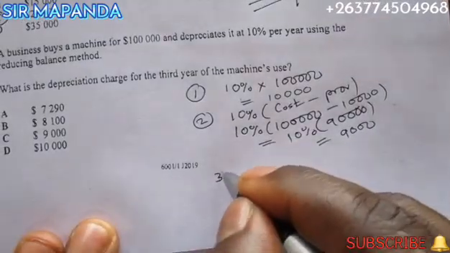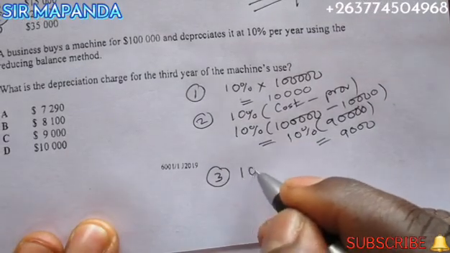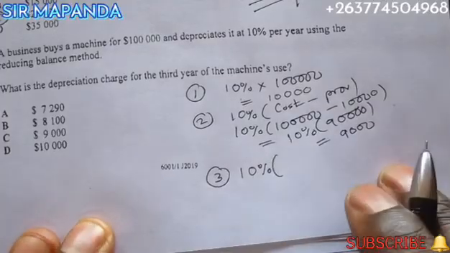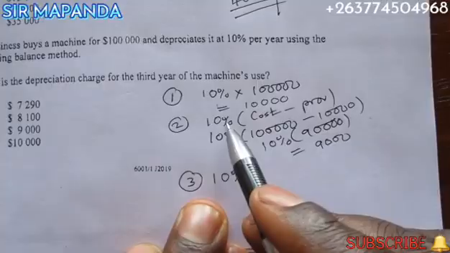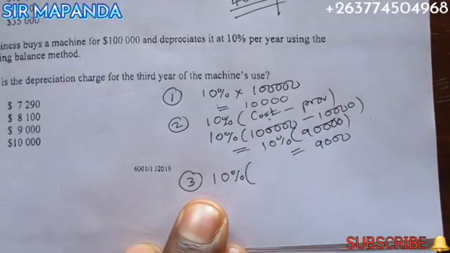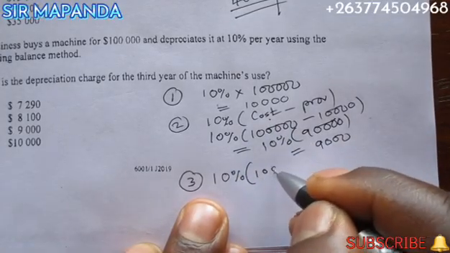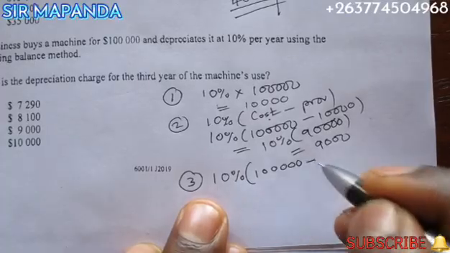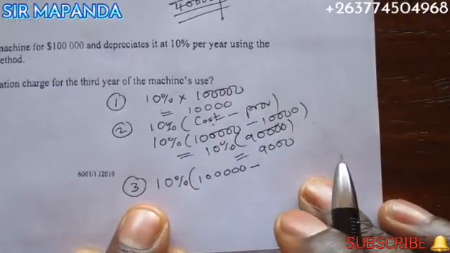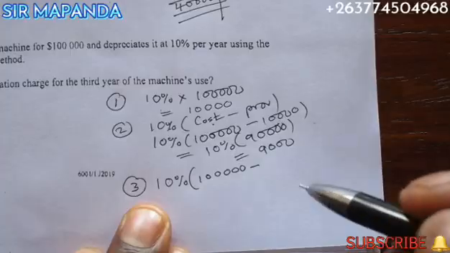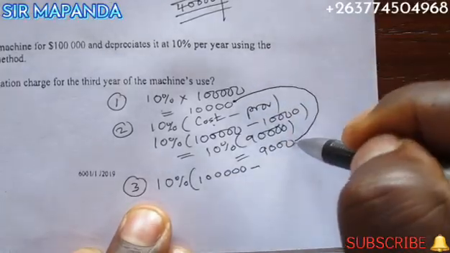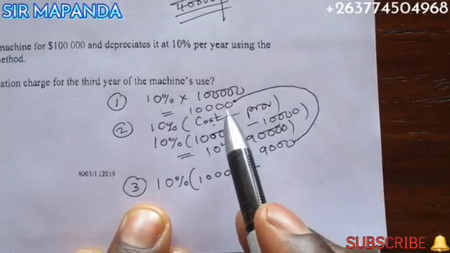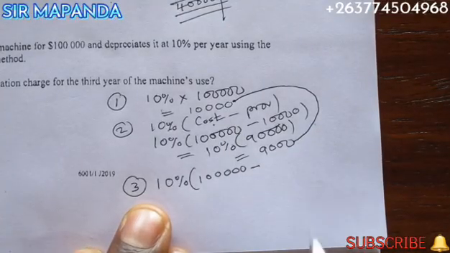We move on to the third year, which is the requirement of the question. Remember, according to reducing balance, we say R% times cost minus provision. So the cost remains at 100,000. But the provision here is now the total of year 1 and year 2. So in year 1, we charged 10,000. In year 2, we charged 9,000.